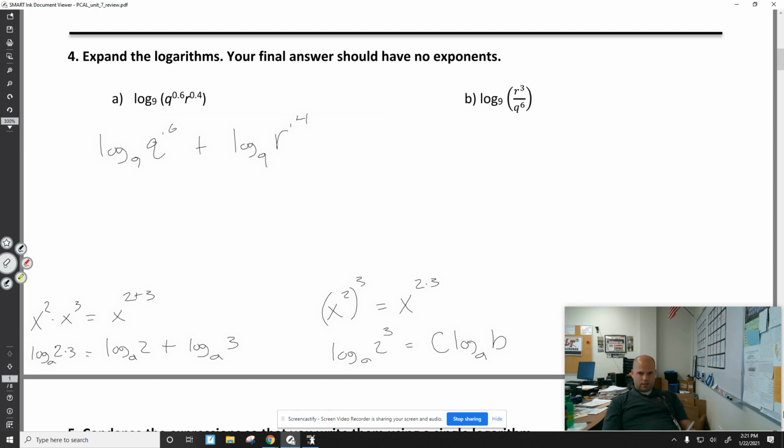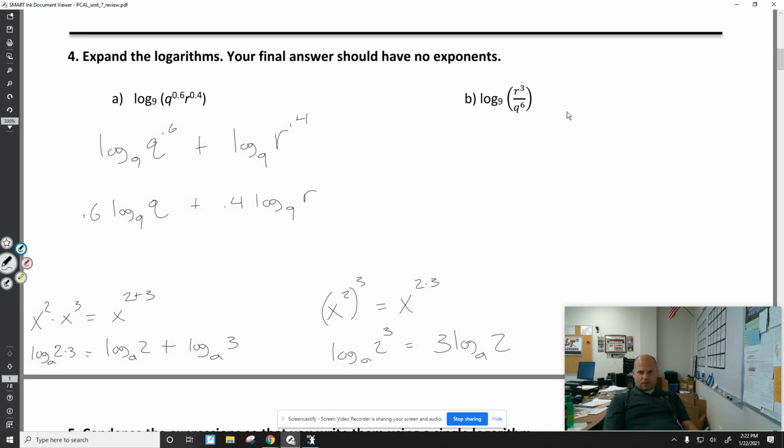I know you guys hate letters. If you could use numbers, it might be better. So I can bring this 0.6 and this 0.4 down. 0.6 log base 9 of q plus 0.4 log base 9 of r.